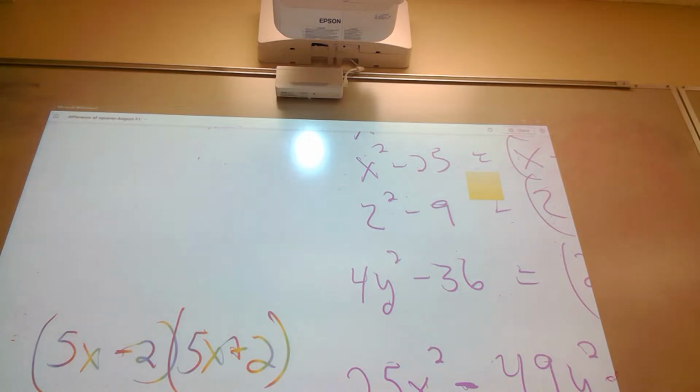Okay, that was the answer to the last one. But now we're doing 25x squared minus 49y squared.